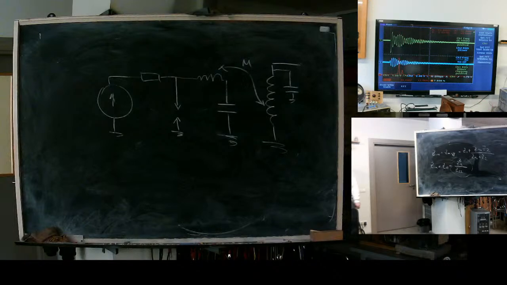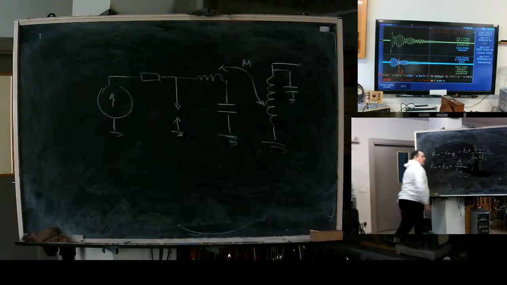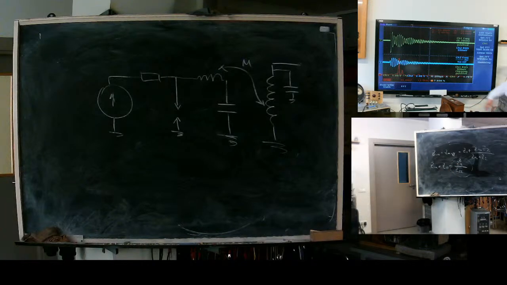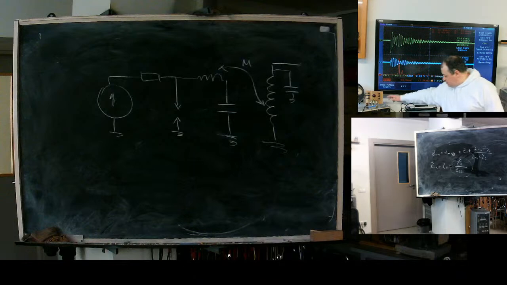So this part is the secondary transformed, or introduced, into the primary. That's what the generator sees. If I measure at this point, that's what I'll see.